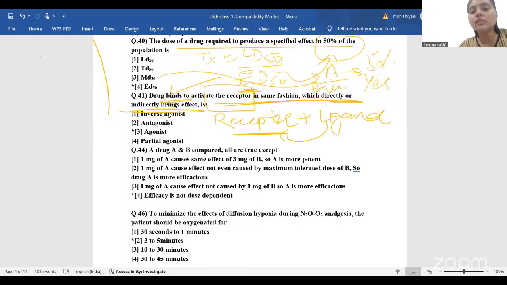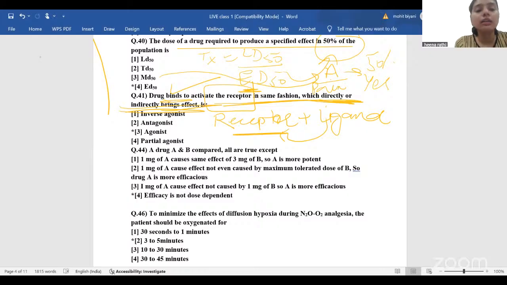In this receptor, some molecules get attached, which can have the same effect as before. So that directly or indirectly brings the effects.